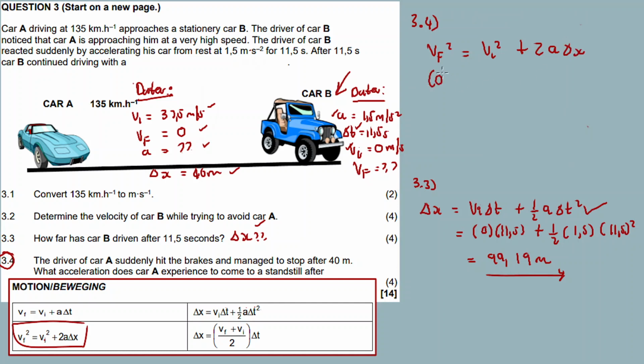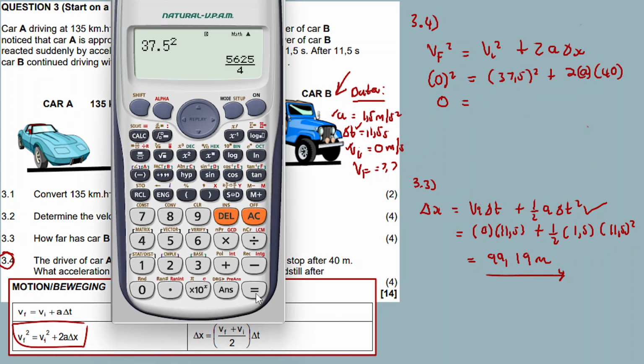Final velocity will be 0, initial velocity will be 37.5, plus 2 times the unknown acceleration times delta x of 40. So 0 squared is 0, and we have 37.5 squared.